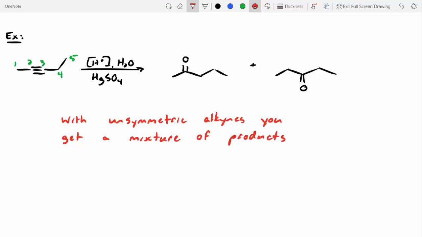Typically, people avoid this by always using symmetric alkynes, but occasionally you'll see problems in the book where they use an unsymmetric alkyne. And the reason it doesn't prefer one side over the other is because there's not a carbocation intermediate.